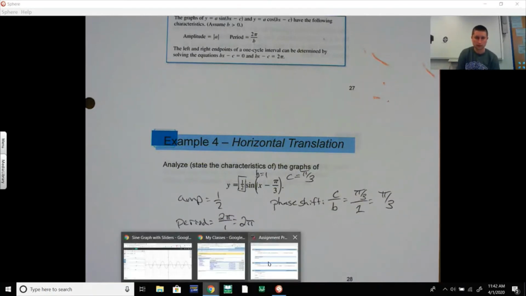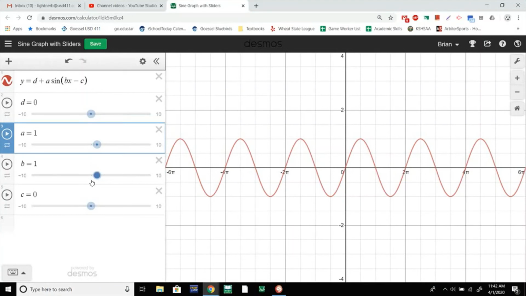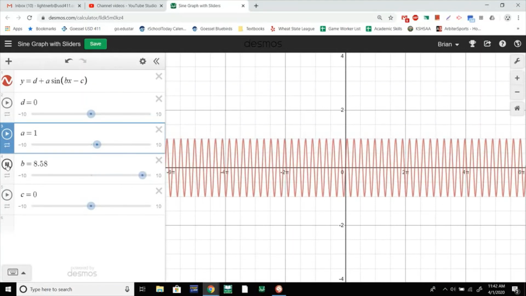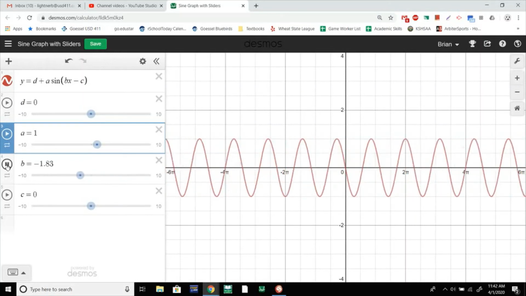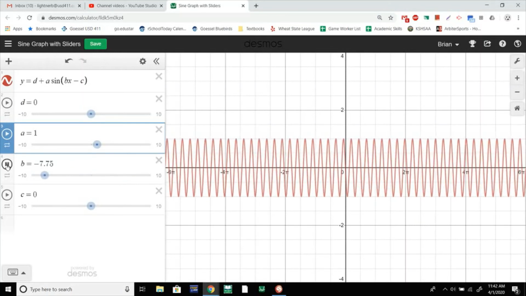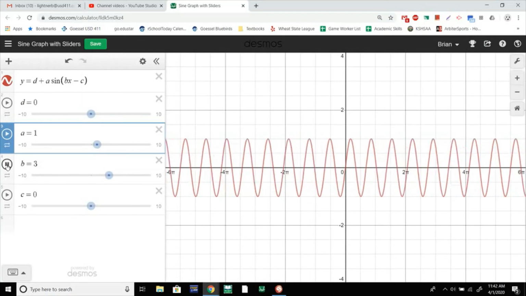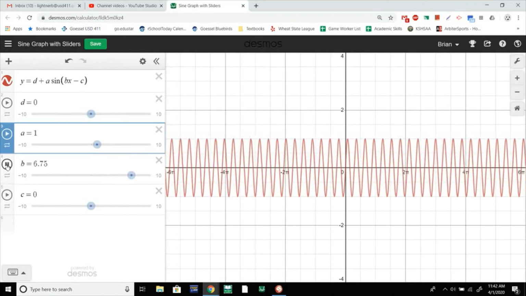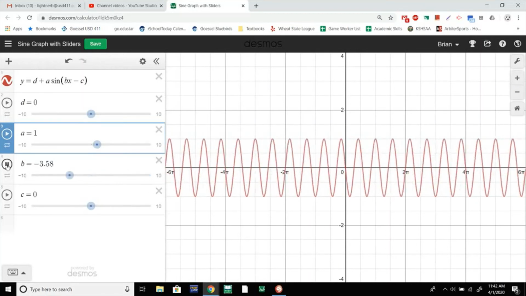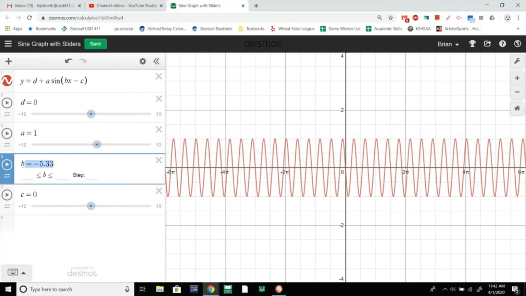Okay, let me give you a demonstration of that. Here's your B. So this is adjusting your period, condensing it. That's a higher period, longer period. Negatives cause a reflection in the y-axis. You should have a link to this in the notes.